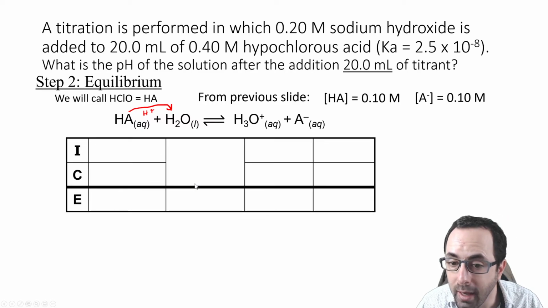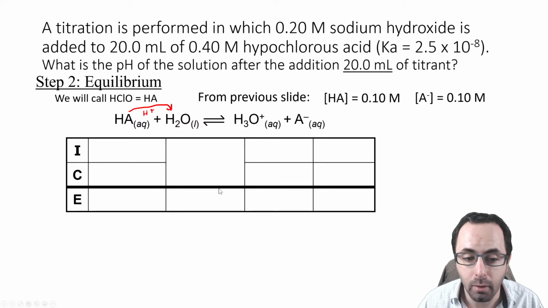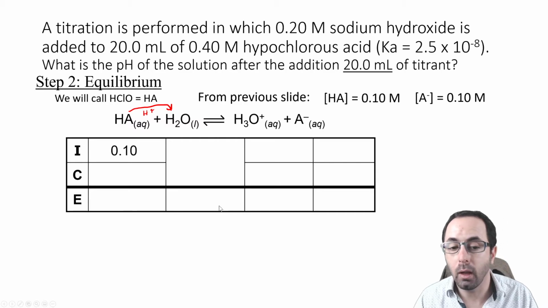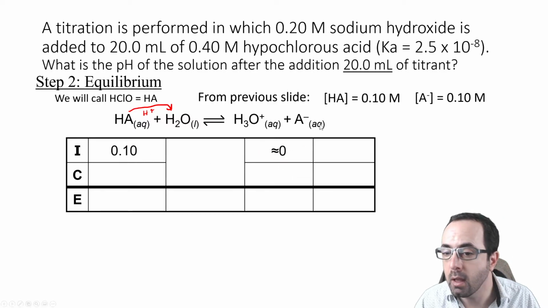Of course, we can always write up an ice table. We don't have to use the Henderson-Hasselbalch equation, but I do like to show you what's going on with this equilibrium. 0.1 molar for the HA, about 0 for the hydronium, and 0.1 molar for the A-. Since we have about 0 of the hydronium, we know the reaction has to go forward.